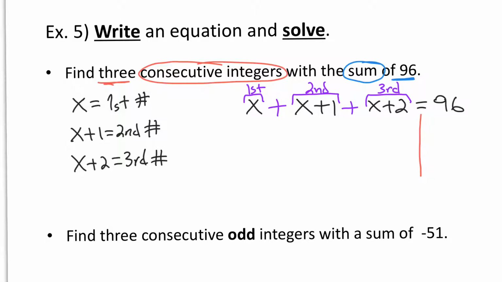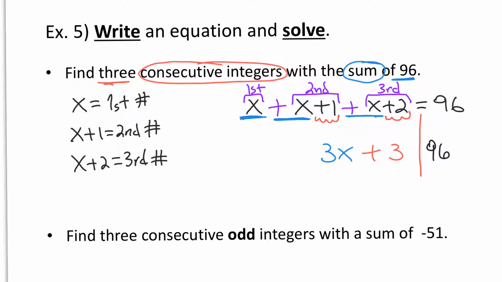So I can combine 1x plus 1x plus 1x, and 1 plus 1 plus 1 is 3. So we have 3x, and we can also combine the constants: 1 plus 2 is 3. On the other side, we just have 96. That is my equation. I am ready to solve for my variable, x.